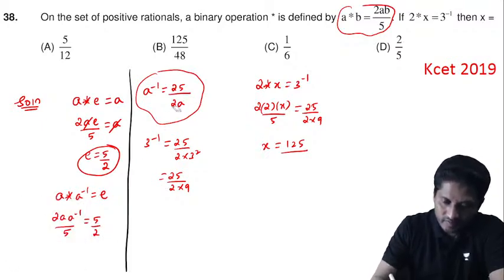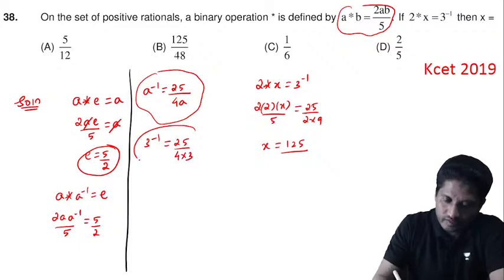25 divided by 4a. A inverse is equal to 25 divided by 4a. 3 inverse is equal to 25 divided by 4 into 3. This is 3 inverse.